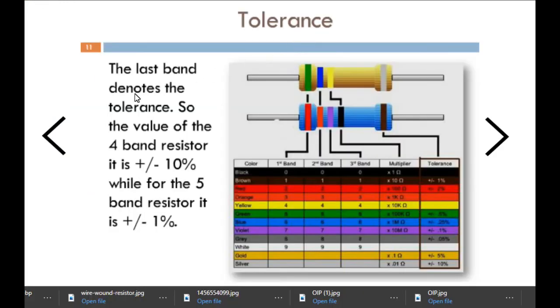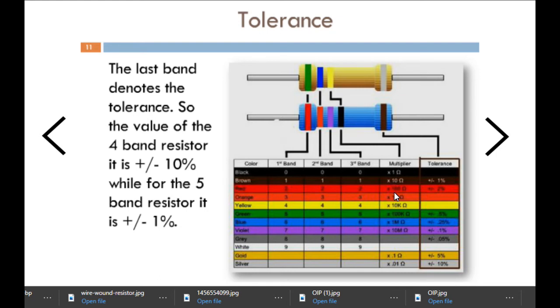Students, one thing you have to keep in mind when you calculate the multiplier band value through this color code: if it lies in the conventional colors from brown to white, that means 0 to 9, then no problem.